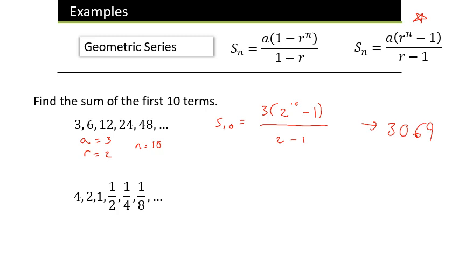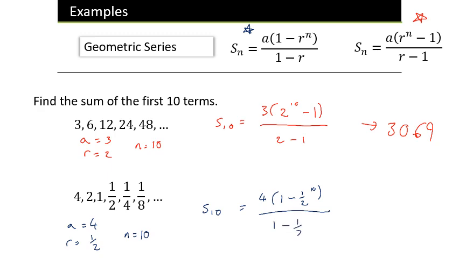The second one, let's begin by writing out our values. Here a is 4, r is 1/2, and again, because we're looking for the first 10 terms, n is 10. So then S_10, and this time round, r is less than 1, so I'm going to opt for using this version of the formula, and it's going to be 4 times (1 minus (1/2)^10), all over 1 minus 1/2.